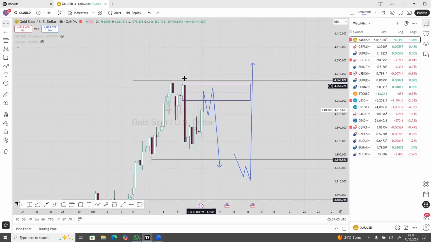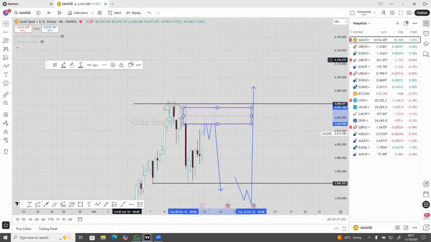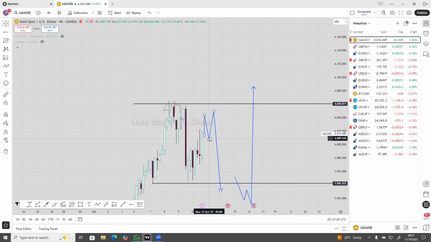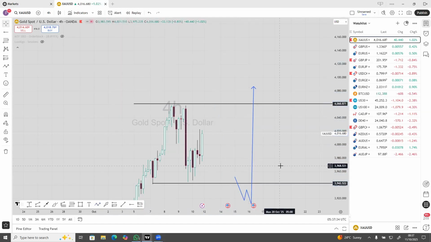So we have 2 points of interest, that supply, and then we have that liquidity sweep and daily fair value gap. Either if that supply fails, what we are supposed to do, we have buy side liquidity, wait for a sweep of that buy side liquidity, wait for a shift, and then get in for a short position towards this sell side liquidity. Okay, that is it on gold.